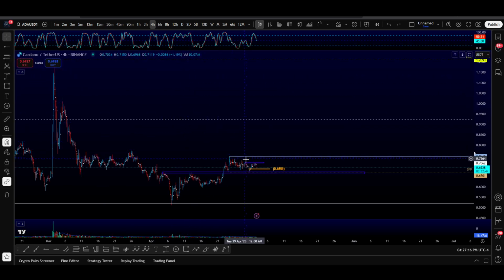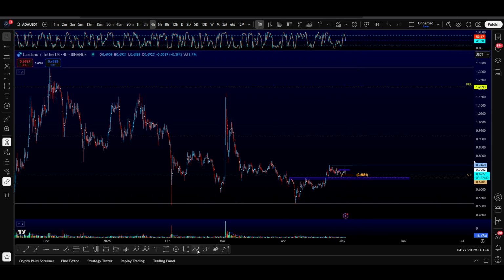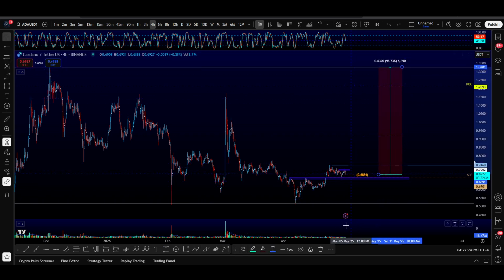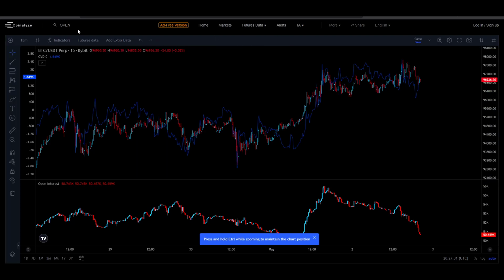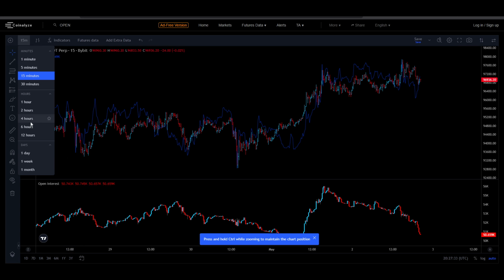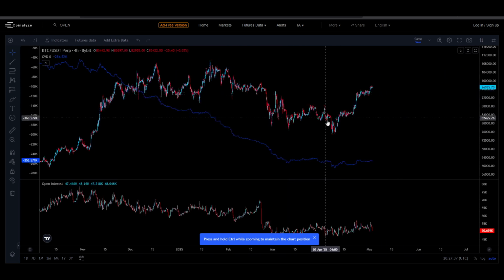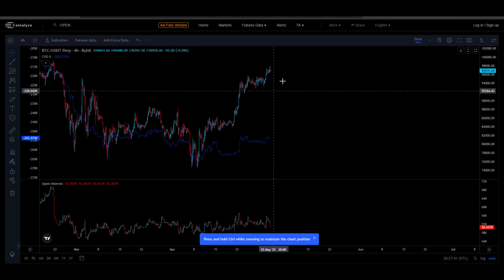And if we have strength continuation, then we can then look at the top of the channel, which means from current prices, that's a possible 92% gain, right? So that's pretty nice. Market is looking a lot more bullish. When it comes to Bitcoin, all coins are still kind of getting crushed a little bit. You had some movements from other coins, but as you can see, Bitcoin moved up a lot from its local lows.